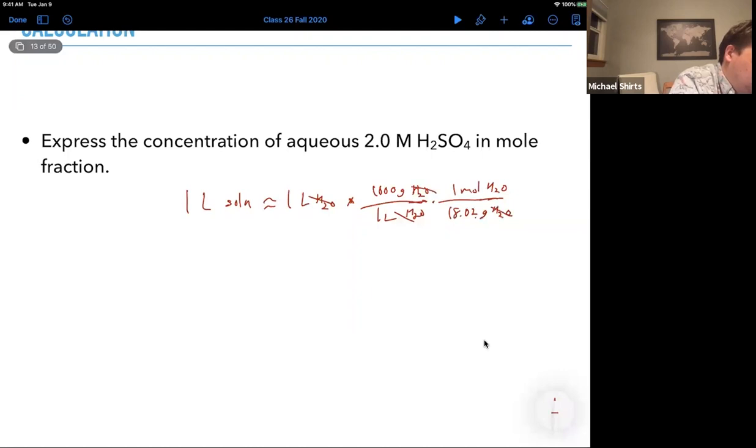And so that gives us 55.5 moles H2O. Okay, and of course we have 2 moles of sulfuric acid.